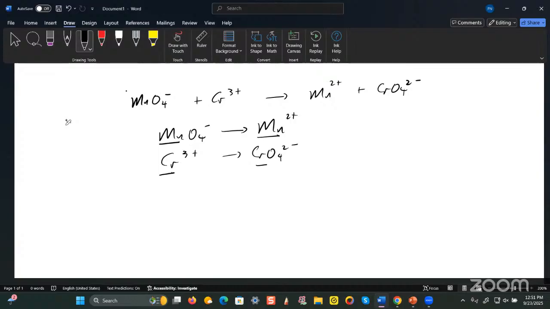The next step is that we balance the oxygens by adding water to the side, which has a lower number of oxygen atoms, right? So let's see. In the case of the first half equation, to which side would you add the water molecules and how many water molecules would you add to balance the oxygens?